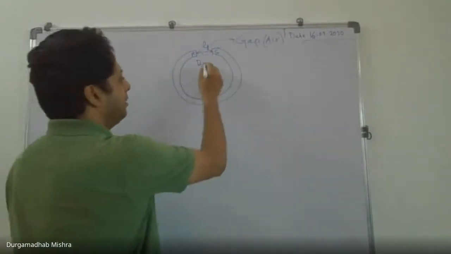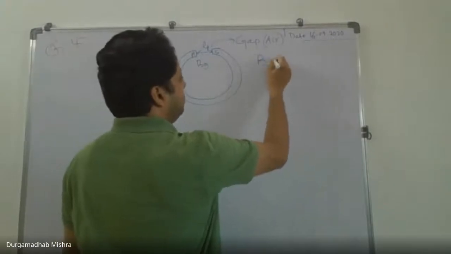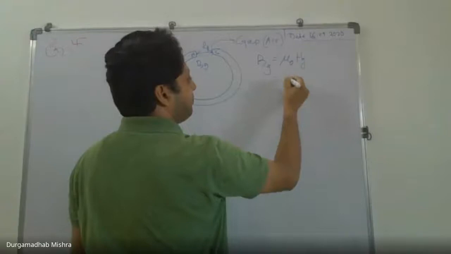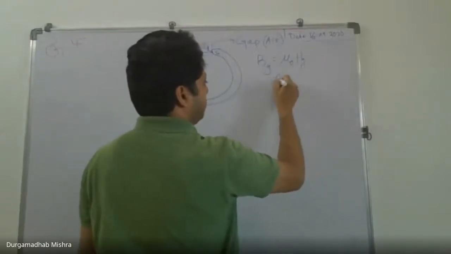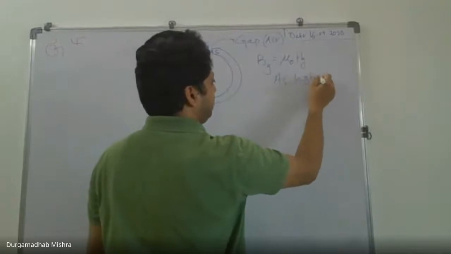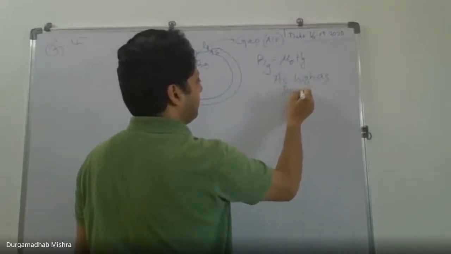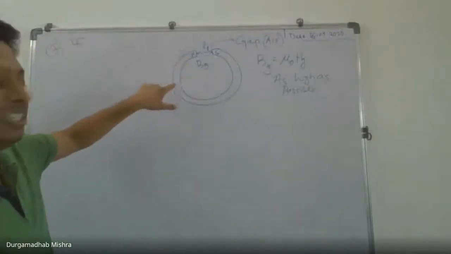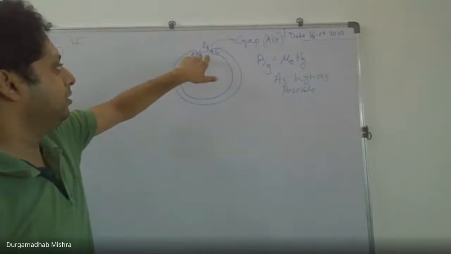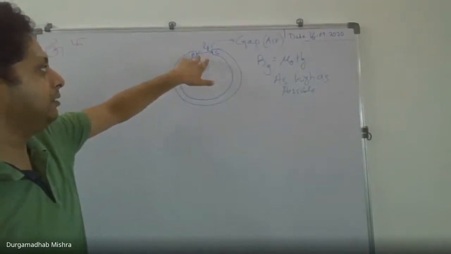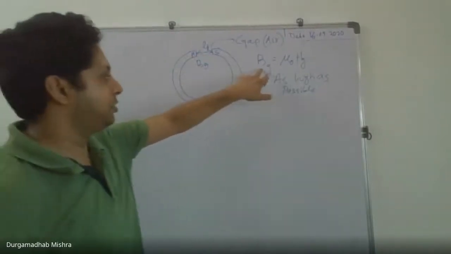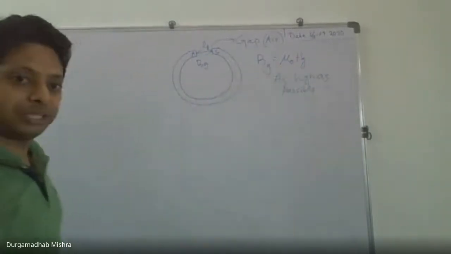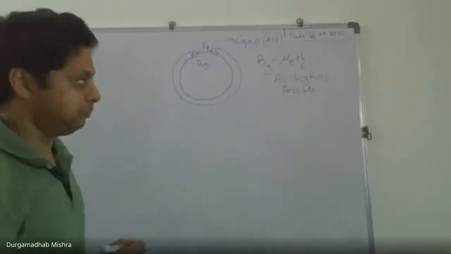What we want is that Bg, which is equal to mu naught Hg, should be as high as possible. That is the best magnet we can have. The magnet is designed in such a way that the magnetic induction and the magnetic field it produces in the gap should be as high as possible.